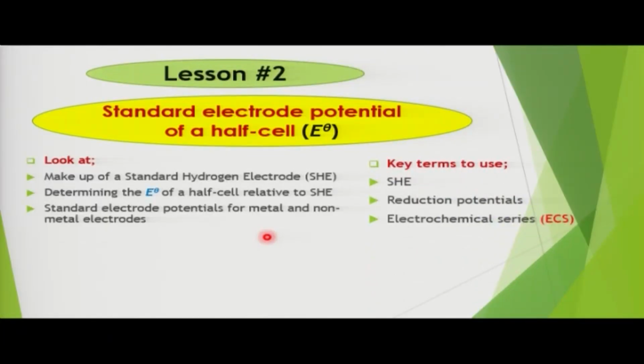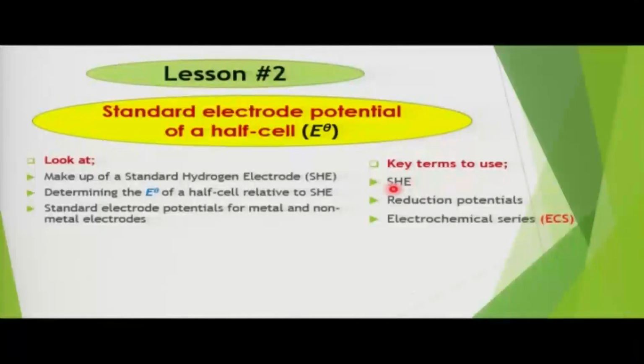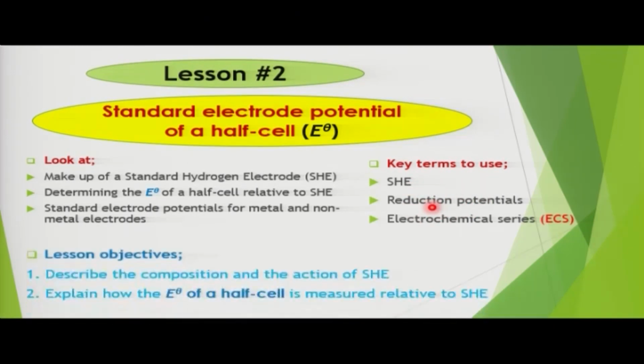And in this case, our key terms are SHE, the standard hydrogen electrode, reduction potentials, and the electrochemical series. These are the three terms that we shall be working with much of the time.